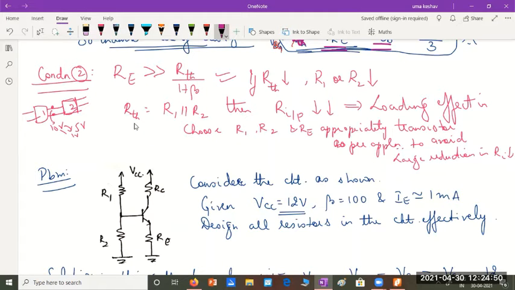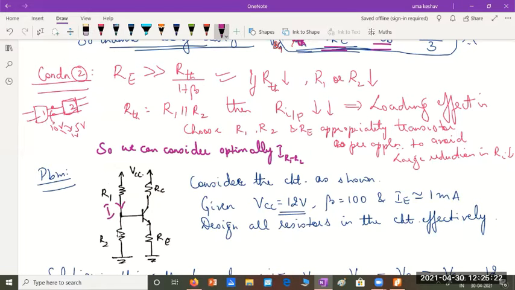So here also actually we will use a condition. I forgot to write here. I told it yesterday. So we can consider optimally, this is a design condition, the current through the R1, R2 network, the current through the voltage divider network.